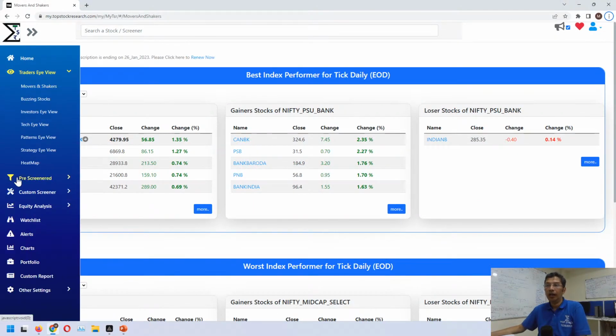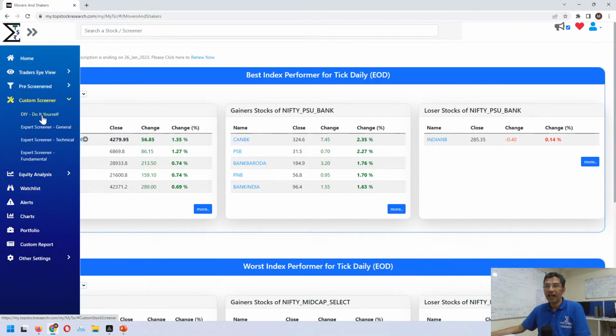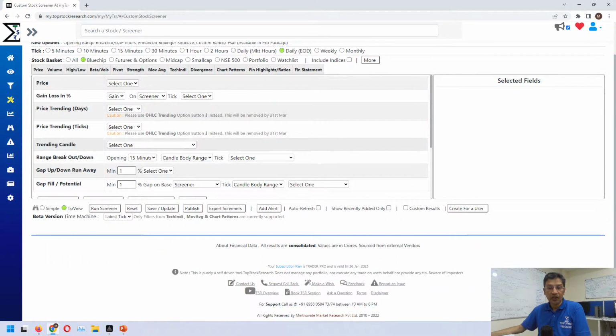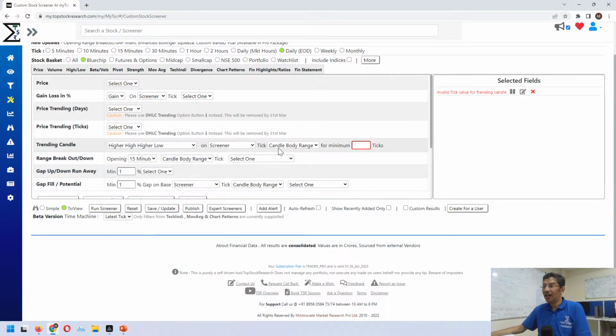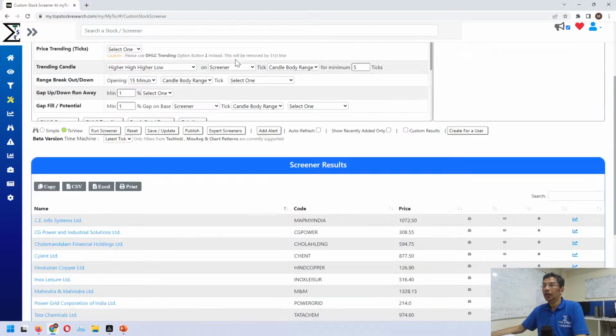Go to DIY screener, custom screener, DIY screener. In the DIY screener, you can look at the trending candles. Choose one which is making continuously higher highs and higher lows on the body range for a minimum of, let's say, 5 ticks. Not sure we get those stocks here, but we'll try.